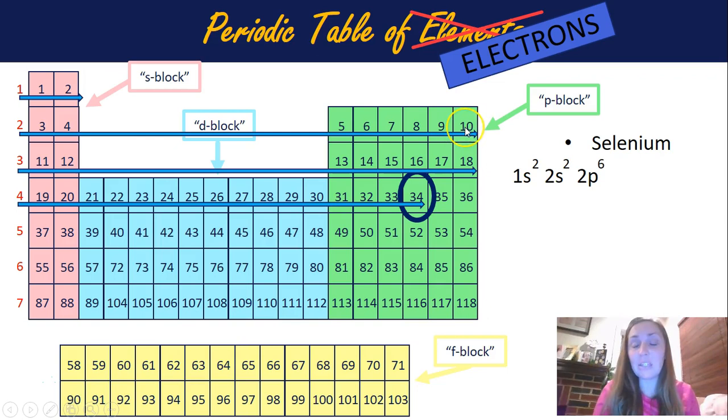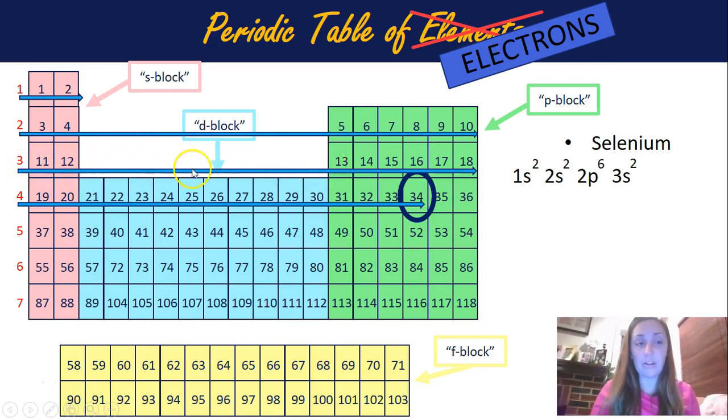Okay, this gets you 10. You need to go to 34. So you jump down here. Third energy level, S block, I have 1, 2 squares. Okay, go all the way across now. It's because you go from 11 to 12 to 13. So where's 13?